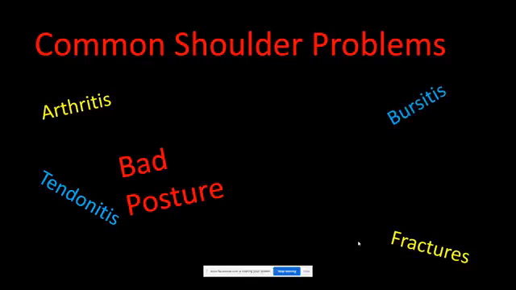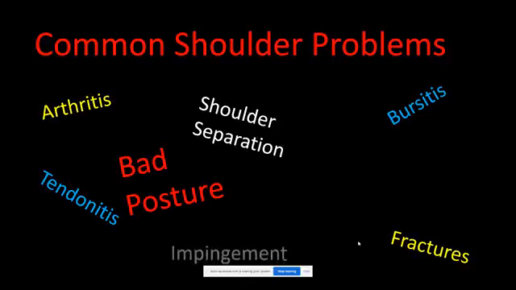Bursitis, kind of running along the same lines there. Shoulder separation. Okay, so you can have like a subluxation or a dislocation of your shoulder or your AC joint. We'll see a picture of an example of that here in just a minute.